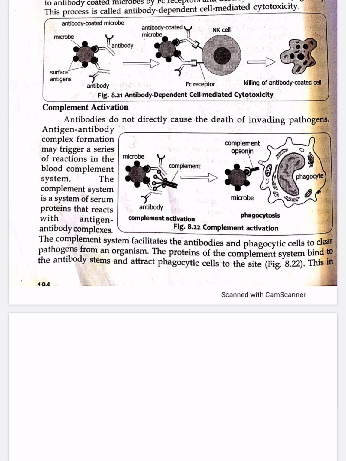They may be a proenzyme, an inactive enzyme form, and they become active only when an antigen enters the body. As the name indicates, these proteins help the antibody to bring about the immune reaction, a complementing system. That's why we call those proteins complement.